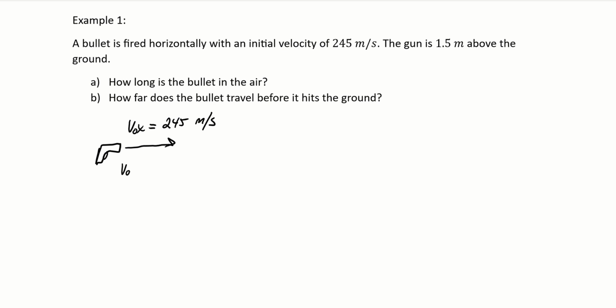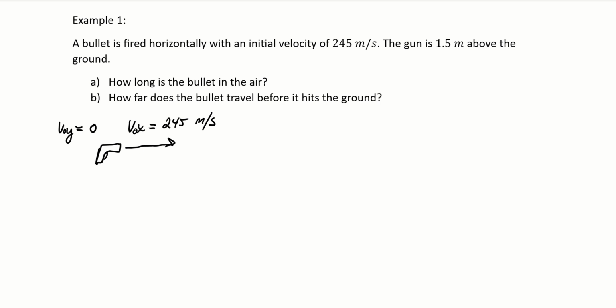My initial velocity in the y direction for a horizontal projectile like this is 0. So it's not falling before it leaves the chamber of the gun. And when it's shot out, it only has an initial velocity in the x direction. I'm going to move this over just so I have more room to draw some other things. So my initial velocity in y is 0.